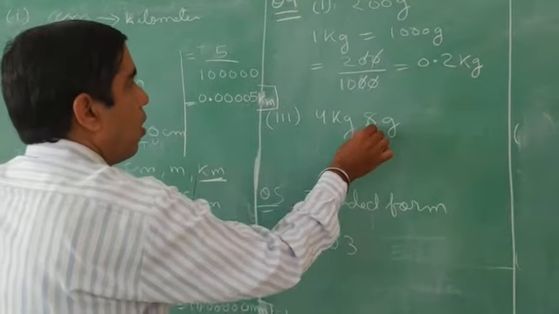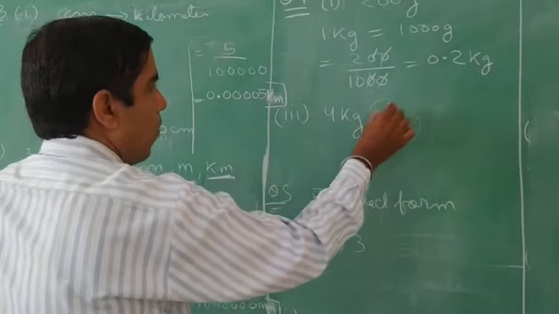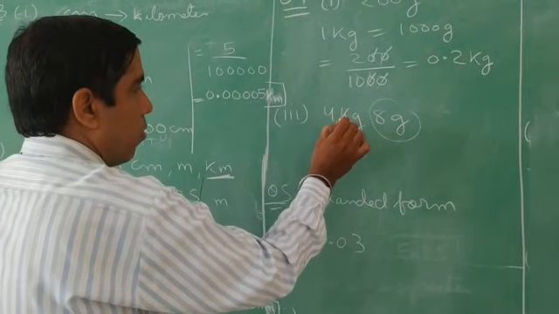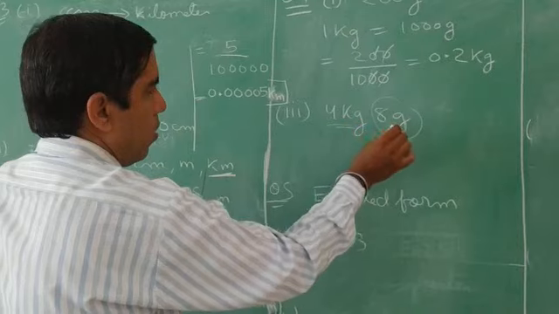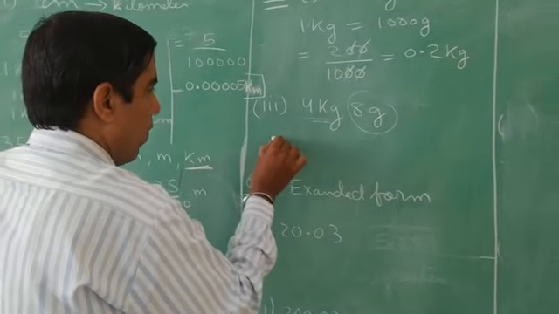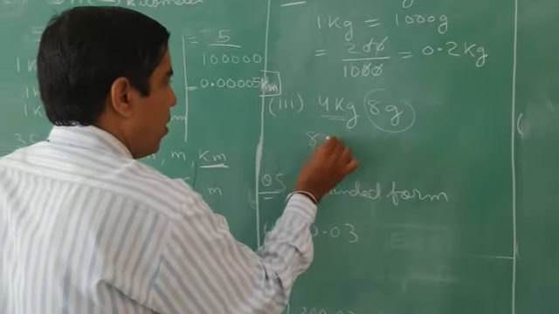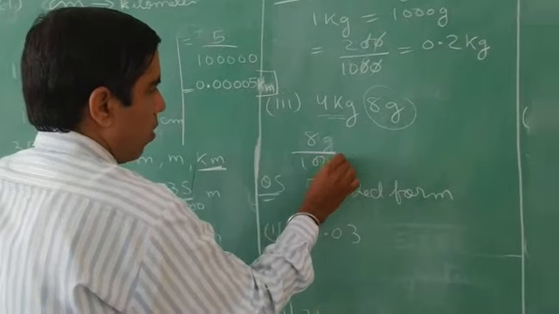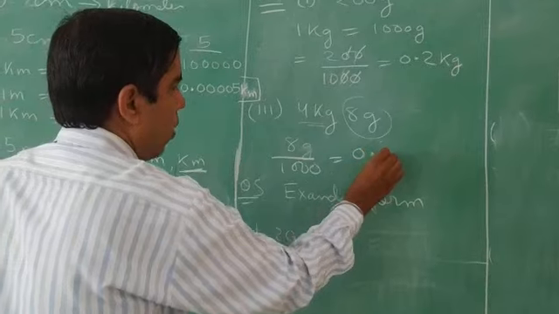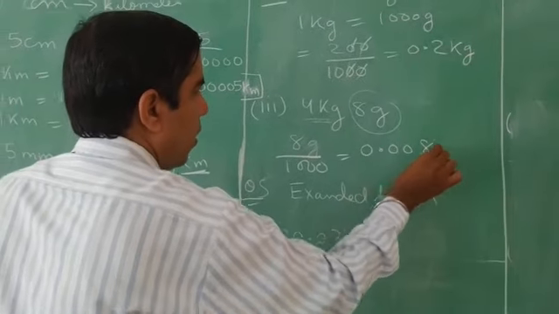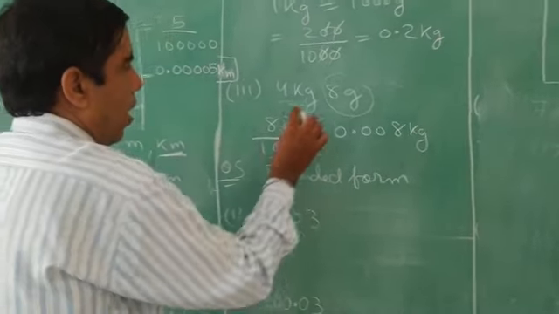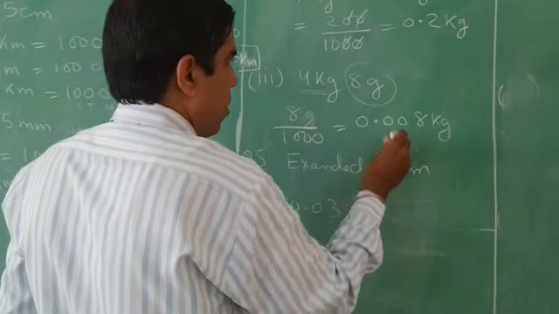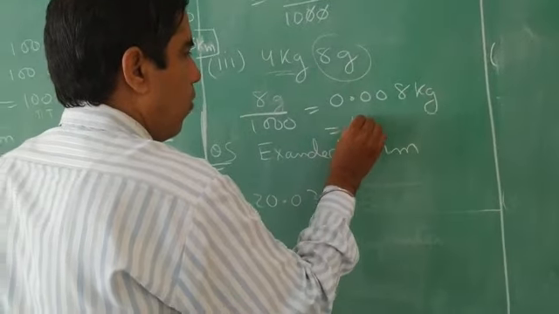Next, again same way, it is given in kg, so I will not touch this one. I will touch this now. So I will go for 8 gram. Again same calculation, 8 by 1000. It comes as 0.008 kg, and I am going to add this.